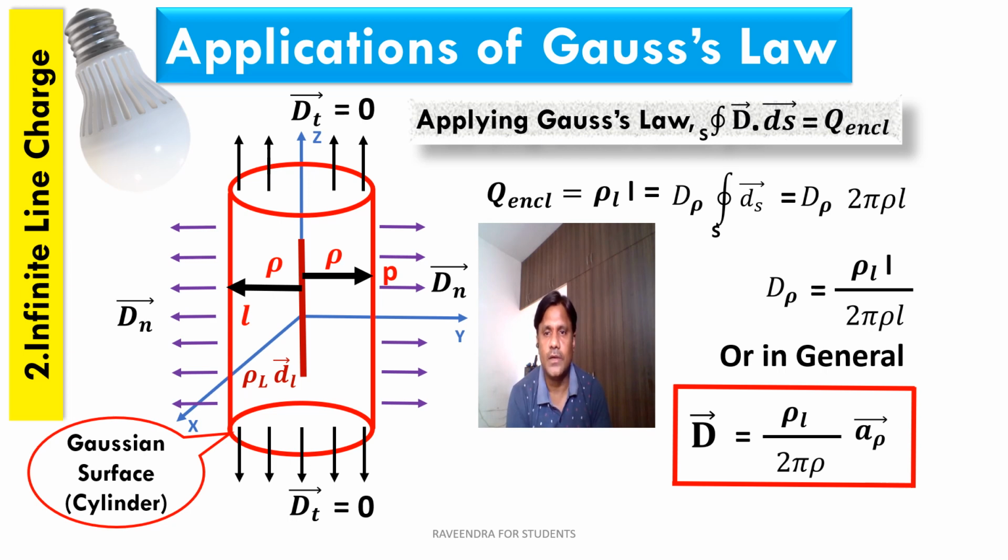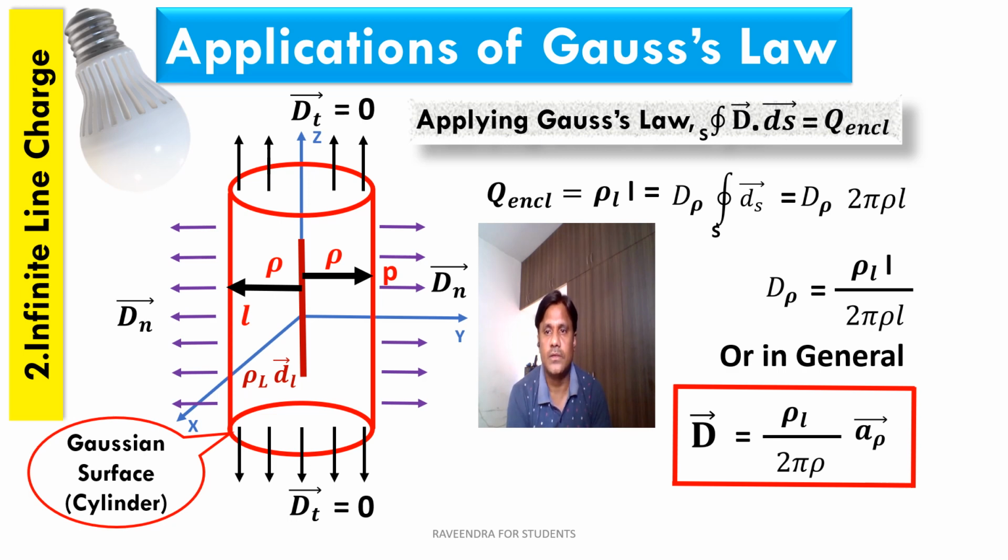So here also with a single step we got D bar as rho L by 2 pi rho A rho bar. The same answer we got by applying Coulomb's law also, but there we had to evaluate an integral. That evaluation of the integral is a complex task. Now that complex task was totally eliminated here in the application of Gauss law.